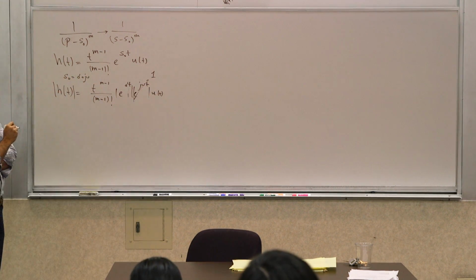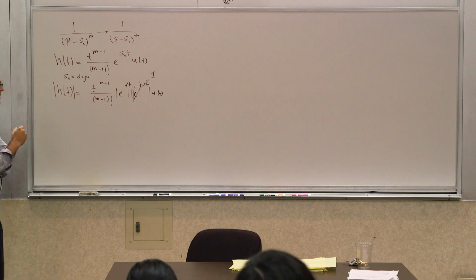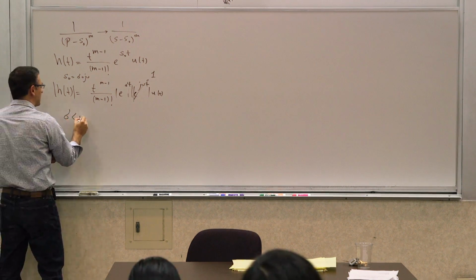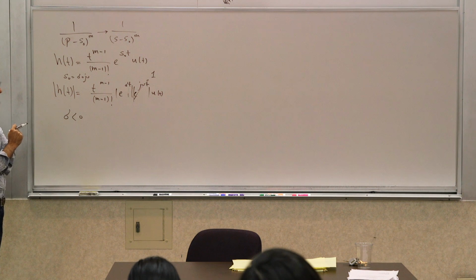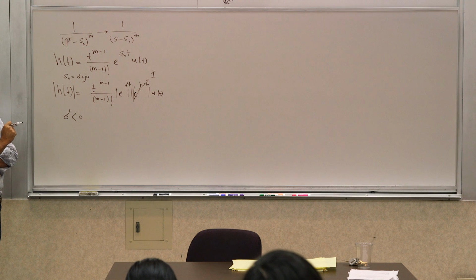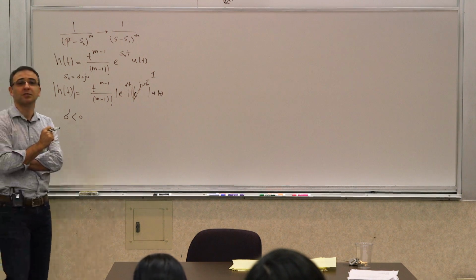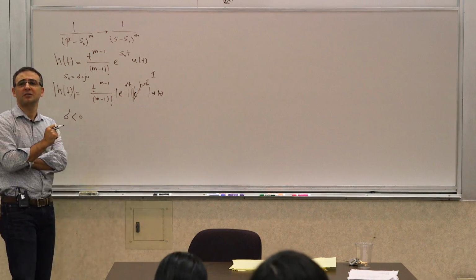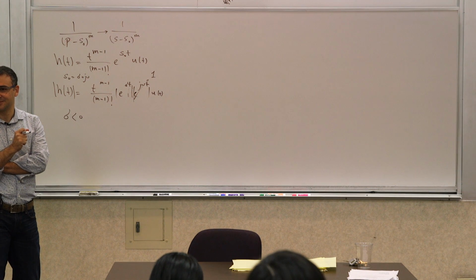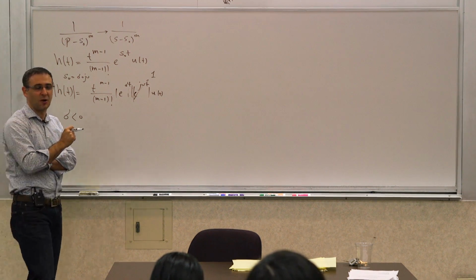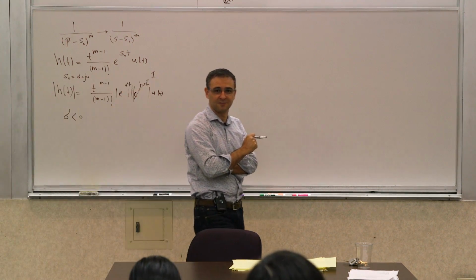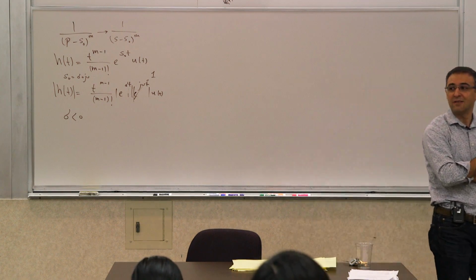So is it stable or unstable? If sigma is smaller than 0, at infinity, is it going to be 0 or non-zero? So it's a competition between an exponential and a polynomial. And in the competition between an exponential and a polynomial, the exponential always wins. Eventually.